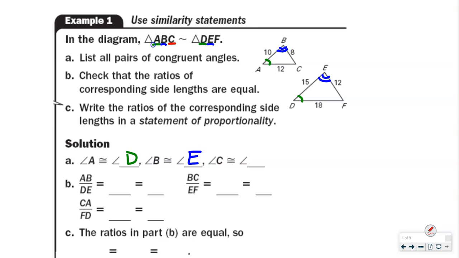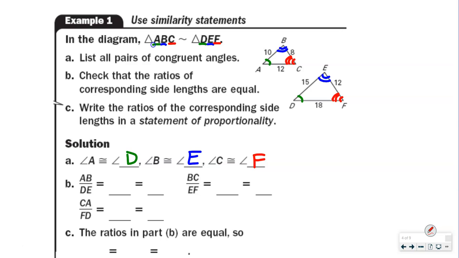C matches up with F, so I know C and F are congruent with one another. So those are all of my pairs of angles. That's just like what we did with congruent triangles.